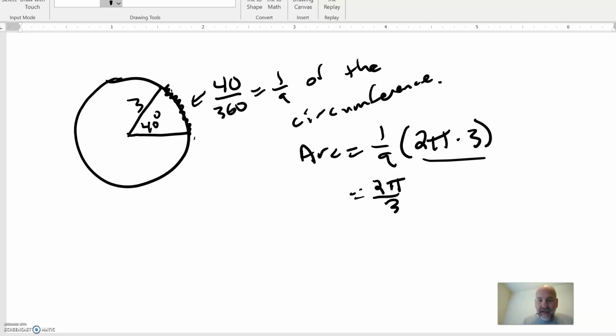And so I'm getting that it's about 2.09. Depending on what the problem says, if it just says find the answer, this is fine. If it says round to the nearest whatever, then you can use decimals if you want.